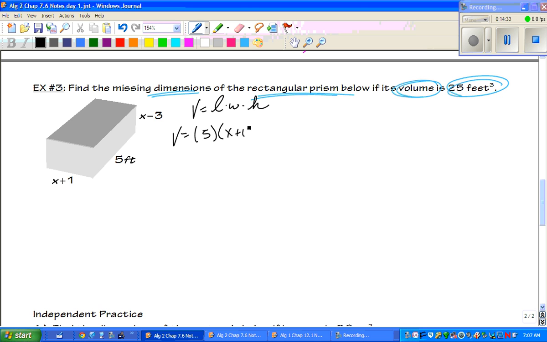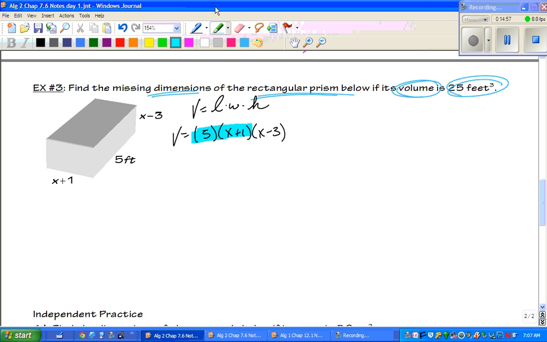And remember, we can put these in any order that we want to. So 5, x plus 1, x minus 3. Now, you have the choice of doing one of two things. You can either multiply those two together first and then FOIL, or you can FOIL and then distribute the 5.